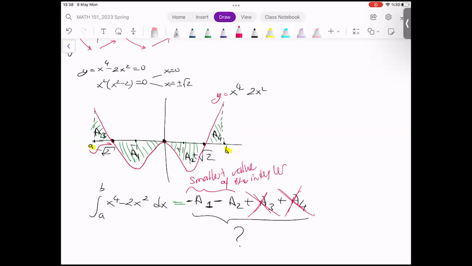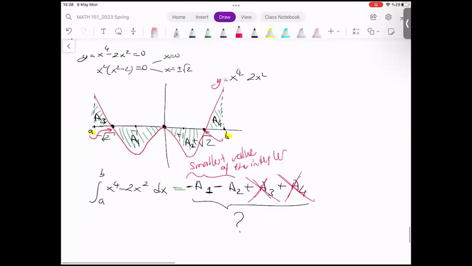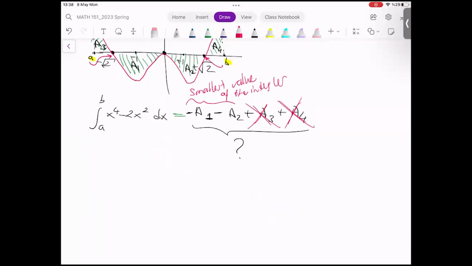We should move A to this point, minus square root 2, and B to this point, plus square root 2. Only then there won't be any positive contributions, right? And only then we will just take the negative part that will make the result as small as possible. So that's my explanation.